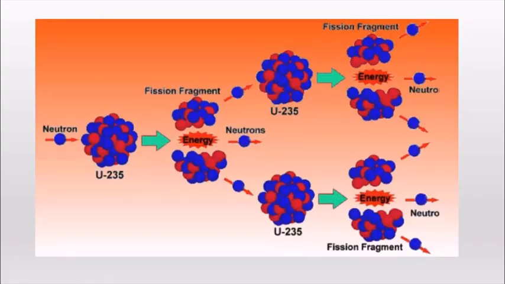Now, how is energy produced in the nuclear reactor by using an atom? We use an atom of uranium-235. Many atoms can be used, but here we are using the example of uranium-235. We take a neutron, and this neutron is bombarded on the atom of uranium-235.